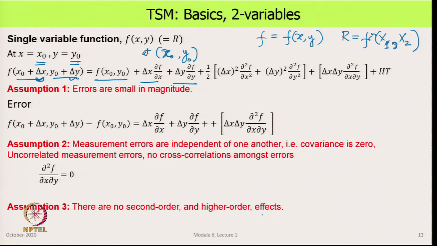Then comes the second order term, and there are two of these. And then there are third and higher order terms, which, as I said earlier, for all practical purposes are very small. So, we will subsequently neglect them.